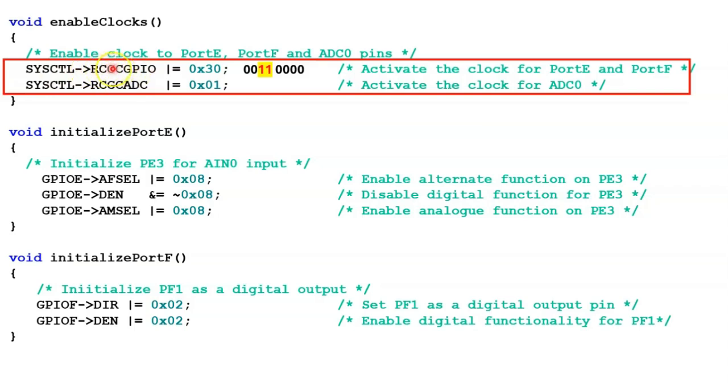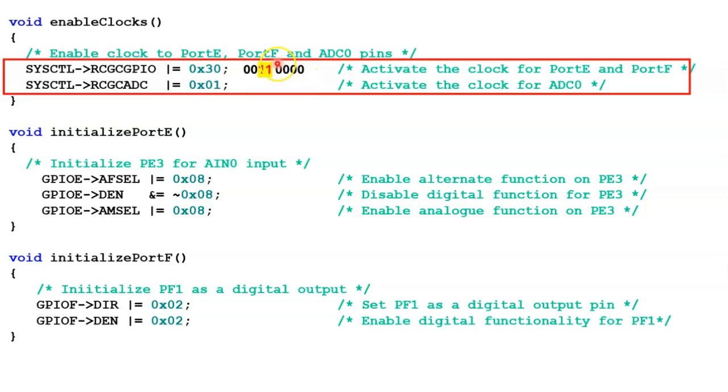Every bit in this register corresponds to a particular GPIO port. If we look at this hex value, 30 hex, and translate that into binary, that is 00110000.